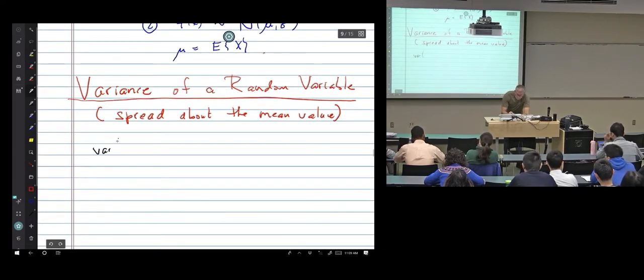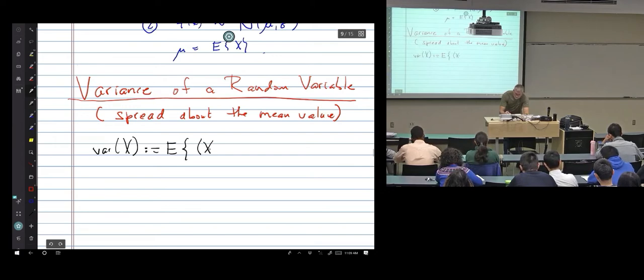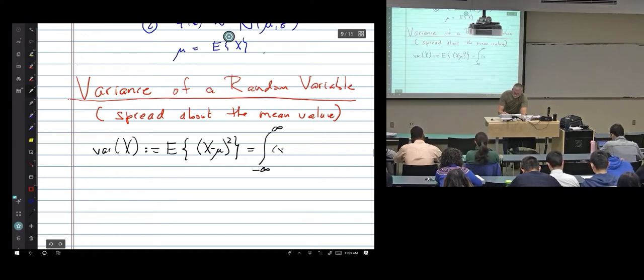The variance of x is by definition equal to the expected value of x minus the mean, squared. In principle, this is the integral you're doing. You first calculate the mean, you take x minus the mean, you square it, and you integrate it against the density.